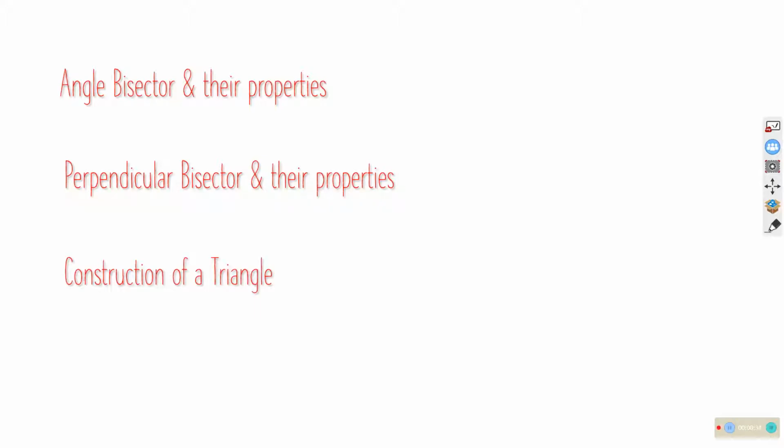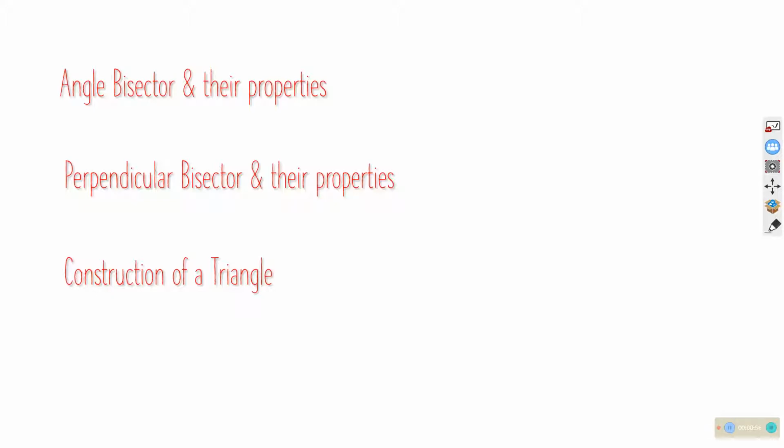You studied about angle bisector and their properties and the concept of perpendicular bisector and their properties. Thereafter you started construction of a triangle when different aspects of a triangle are given: sometimes all three sides are given, sometimes two sides and the included angle is given, sometimes two angles and included side is given, then sometimes right angled triangles' measurements are given. Anyway, my dear students, you are doing a wonderful job.